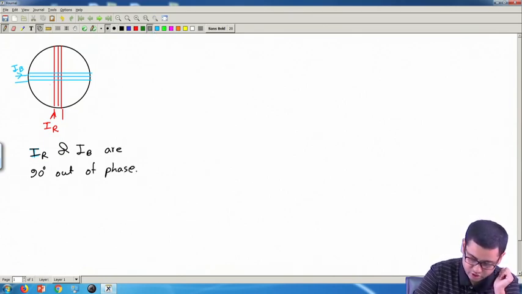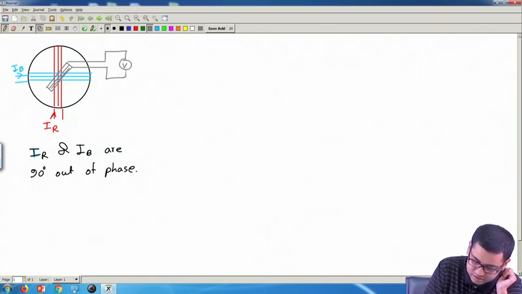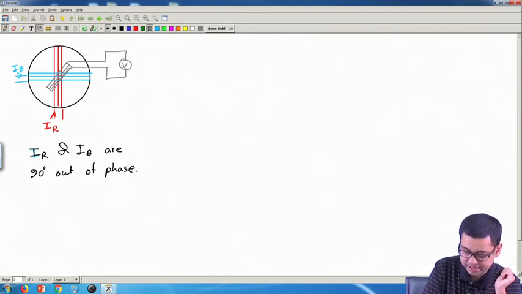Then if we have a third coil like this, and we measure the potential across the two terminals of this third coil, then we will see there is some induced EMF, because the red and the blue coil create a rotating magnetic field, and that rotating magnetic field cuts through this third coil or the secondary coil.